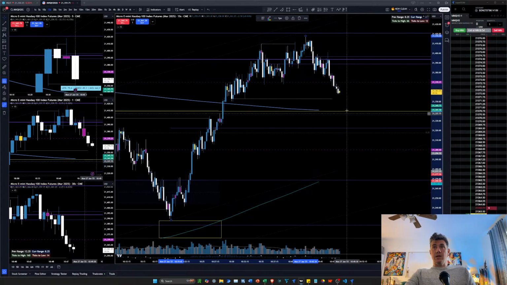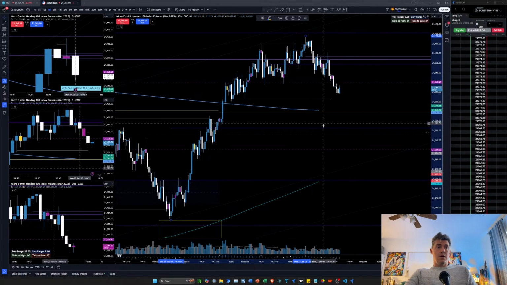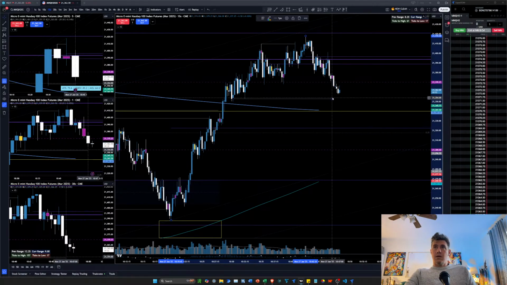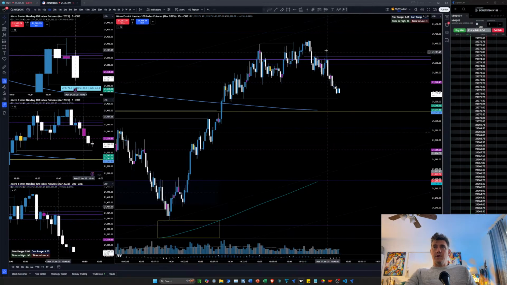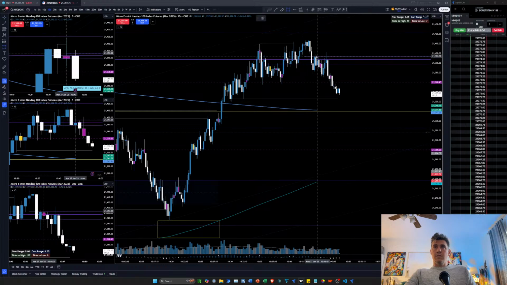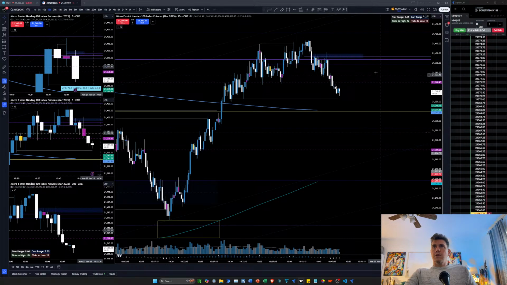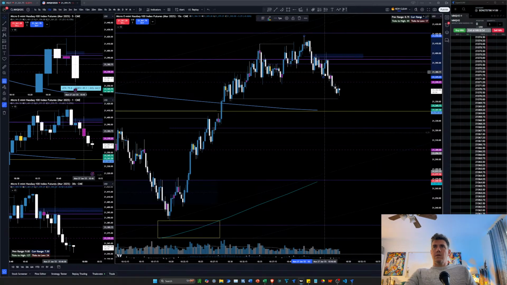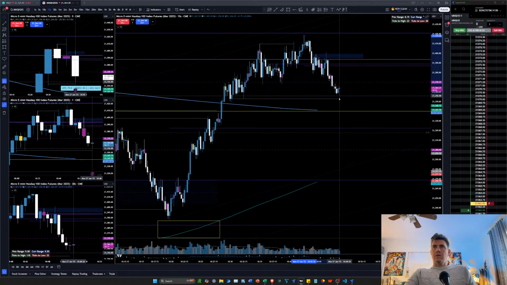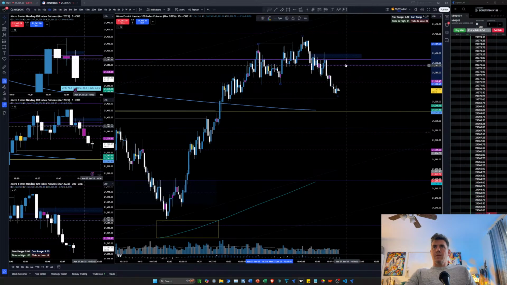This would be hard to get long. Much prefer a short from the 50, this area or this area.